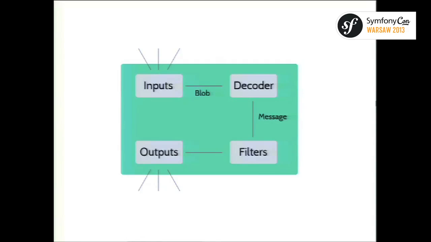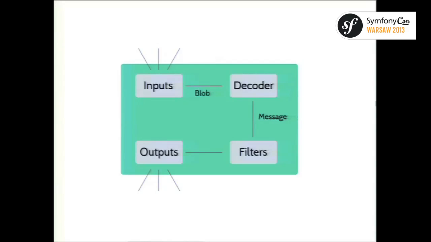And what Heka looks like inside is this. It's fairly simple, but you have those inputs, which read from things. At this point, you just have a blob of data, which is not standardized. Then you have a first pass of decoders, which you have to specify for every input, that convert the raw data into something standard, which is the Heka messages.